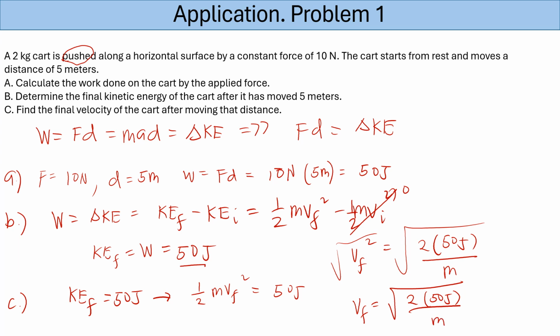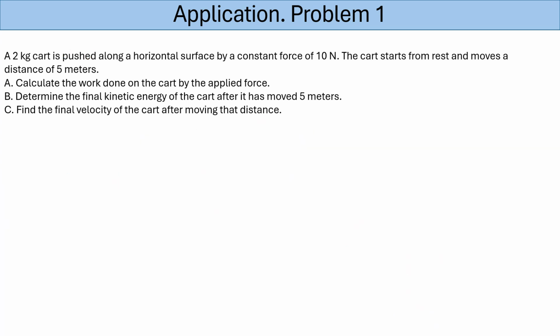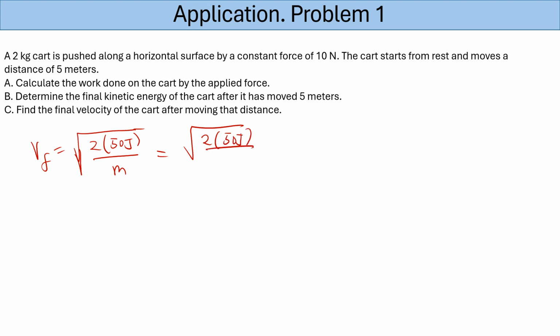Now we're going to substitute the value of m so that we can get the value of the velocity. The formula was Vf is equal to the square root of 2 times 50 joules divided by m, that is whole square root. So this will be the square root of 2 times 50 joules over the mass, that is 2 kilograms.